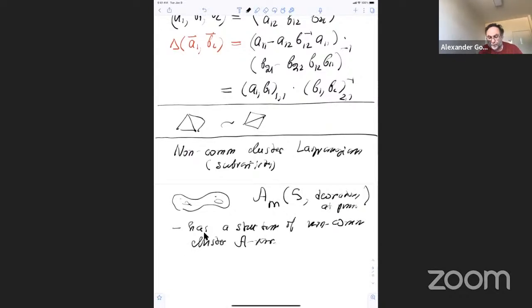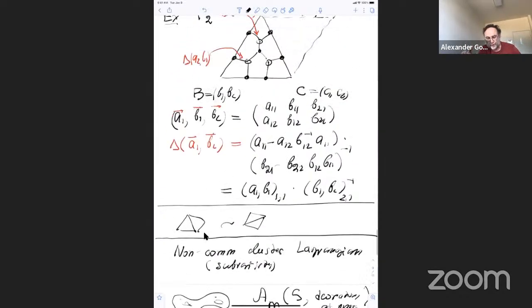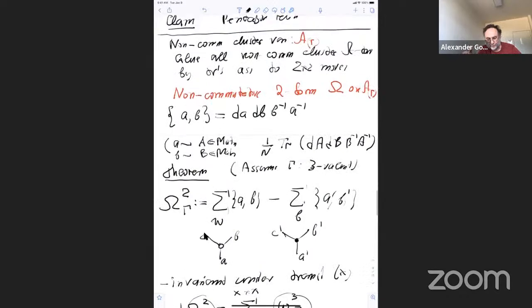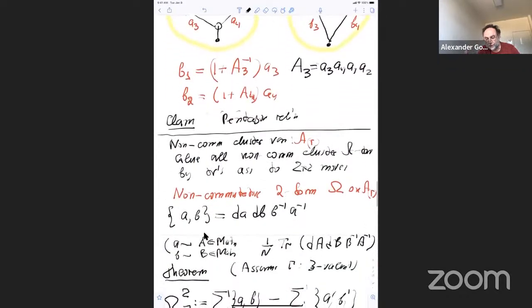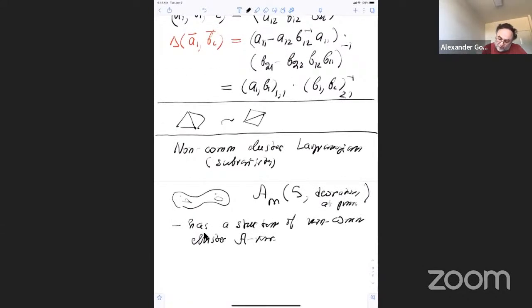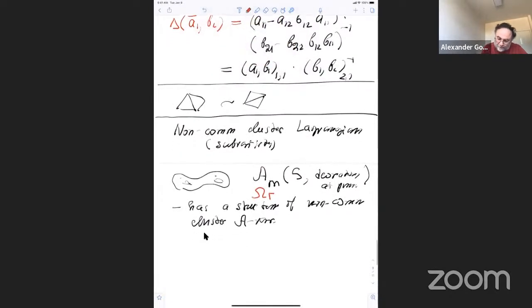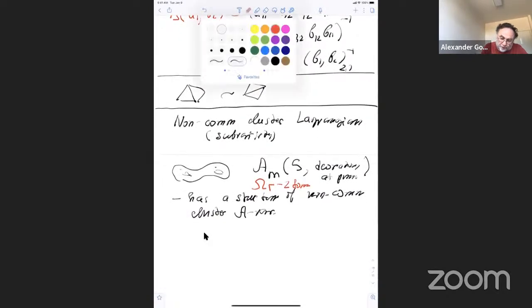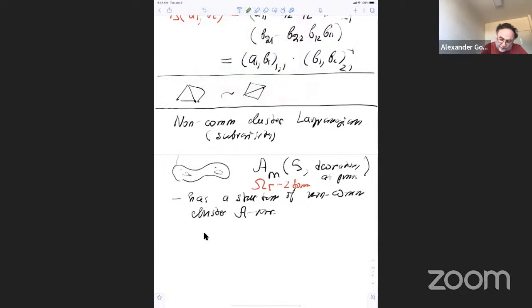And I basically told you the proof, because what you do, you triangulate the surface, you put this standard construction on each triangle, and then you're done. But then you need to do flips of triangulations, and using this theorem, using these transformation formulas, you know how to proceed, and you also know that the two form is preserved. So in this case, we get the space, and the space comes with a two form. This two form is actually usually degenerate, but never mind. That's a two form. Now, what happens if we decide to put a threefold in the game? So what if we put here some threefold?